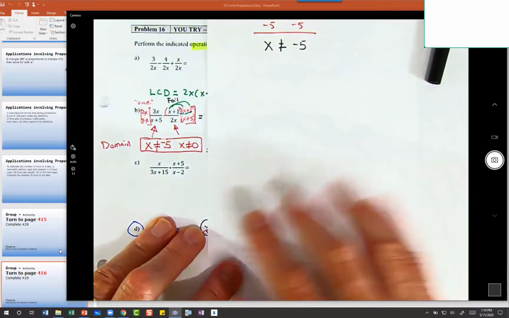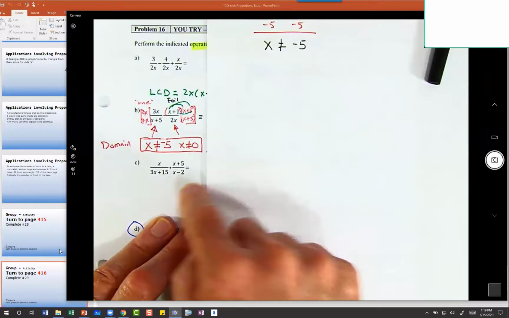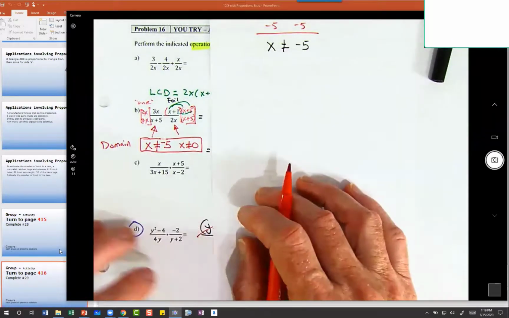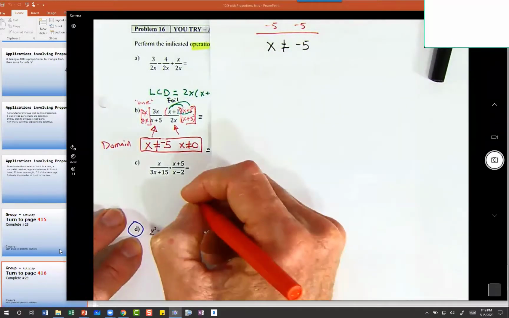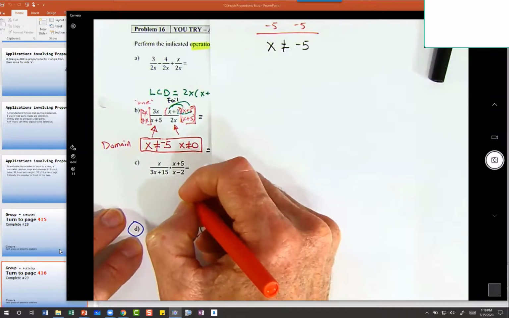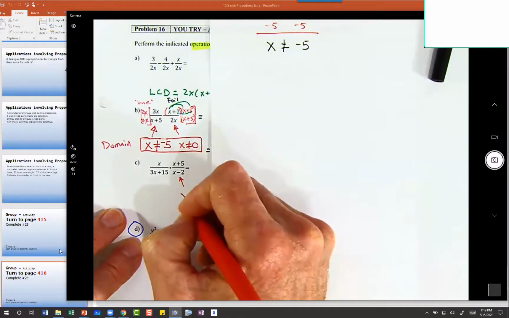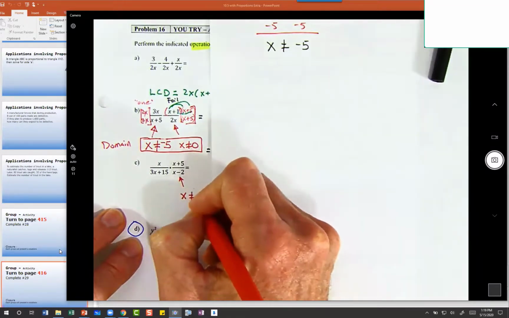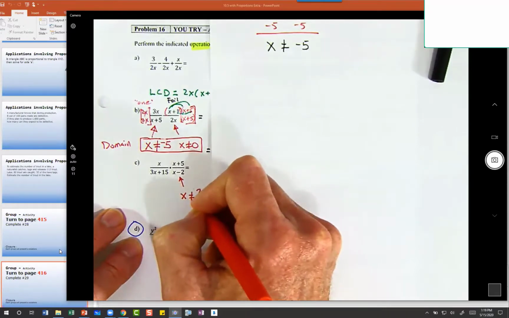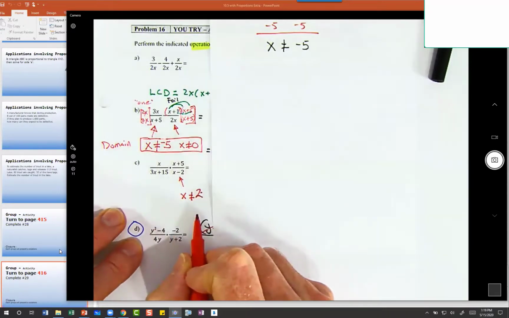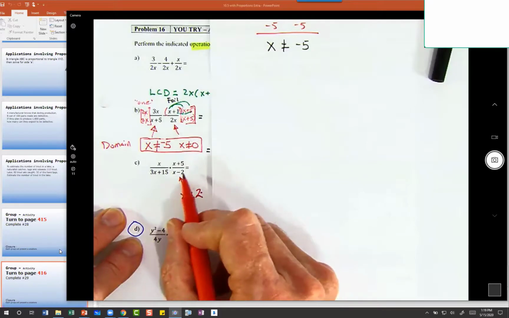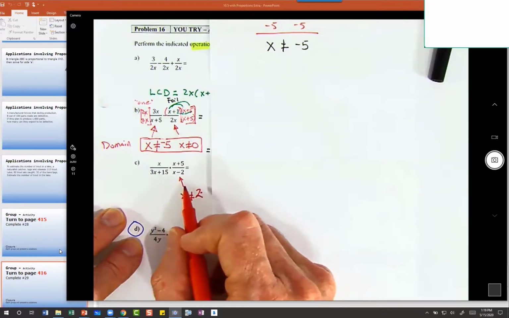Jumping down to problem C. What are the domain restrictions? It's -2. -5. Okay, and -2. And 2. Yeah, that one's a real easy one. +2 is bad because 2 minus 2 will make 0 underneath.